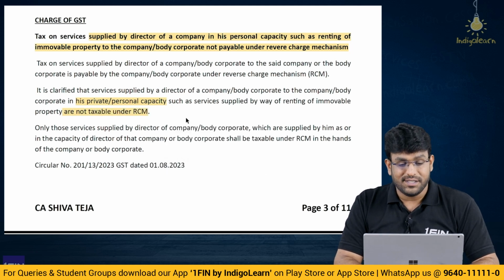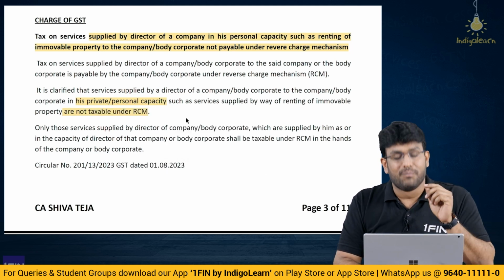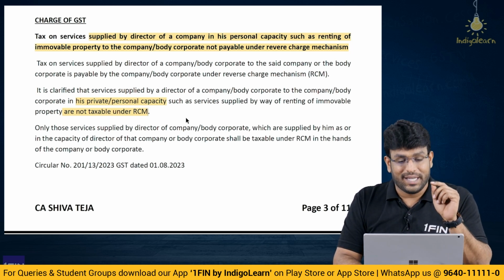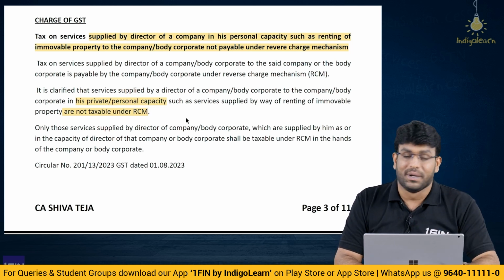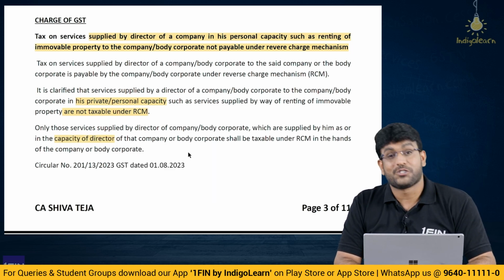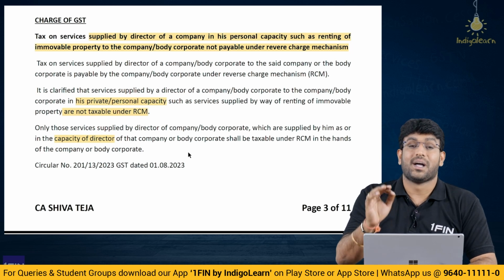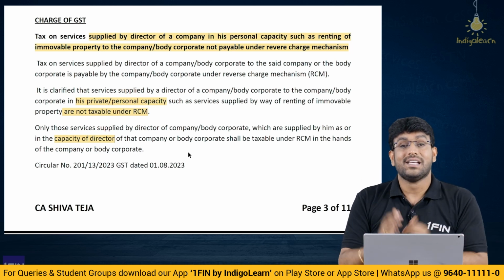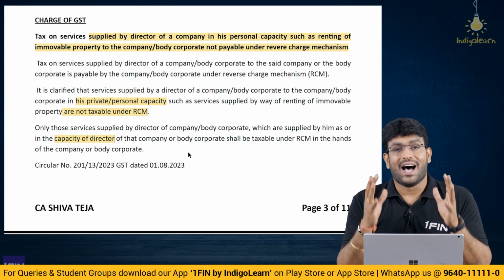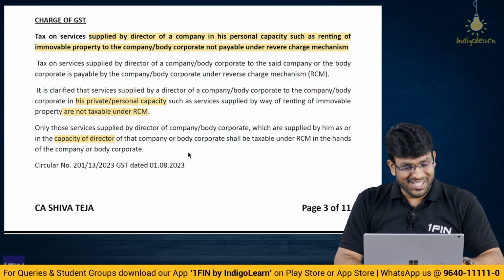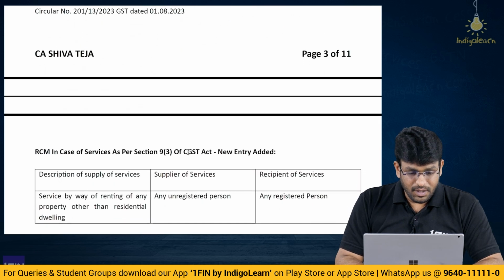Only those services supplied by the director in the capacity of director of that company shall be taxable under RCM in the hands of the company. So whatever is given in the capacity of director will come under RCM. If he is giving something in his personal or private capacity, such as renting of property, then the RCM provisions will not apply.